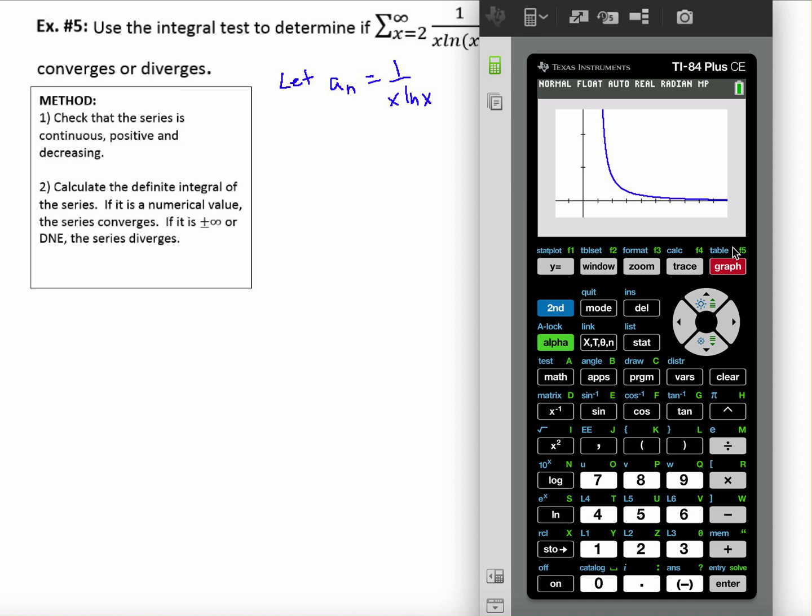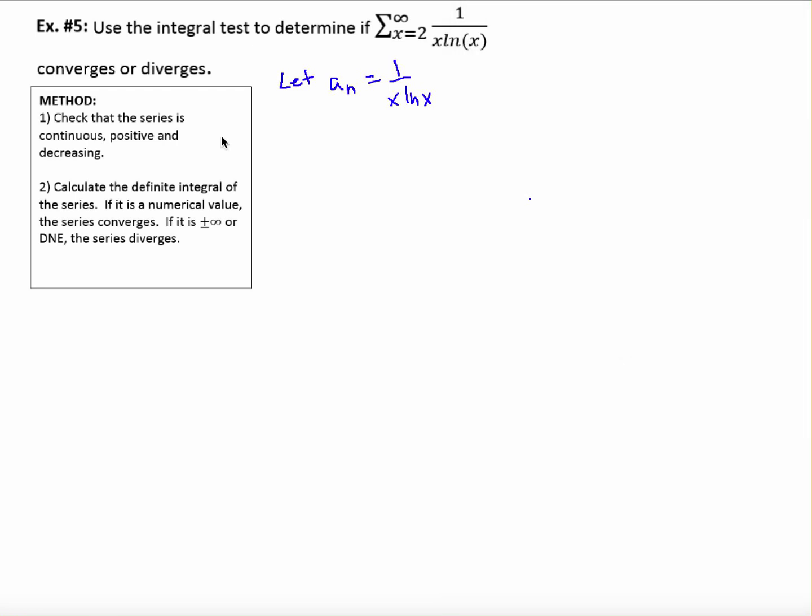Remember, I'm looking at this from 2 to infinity. What we have here is an asymptote at 1, which is why we're not starting at 1. We are going to start at 2. And this is a positive decreasing continuous function. So I can check this off. We have a positive continuous decreasing function.